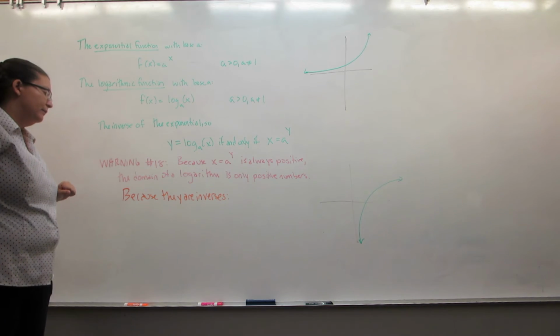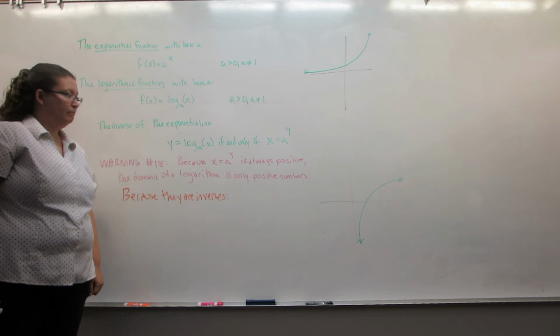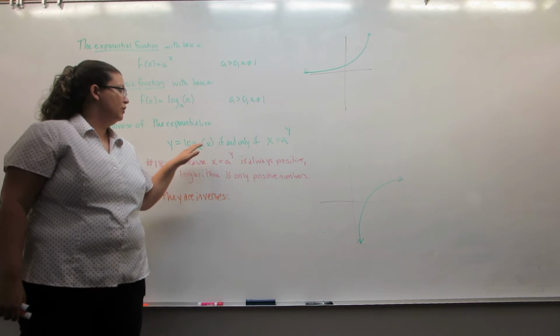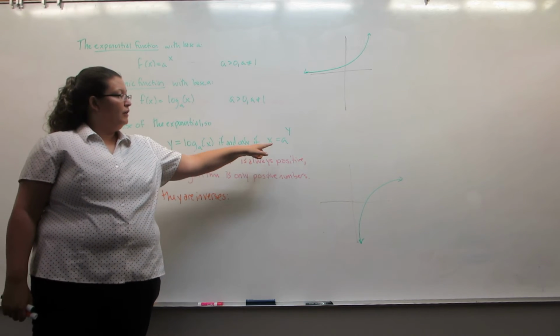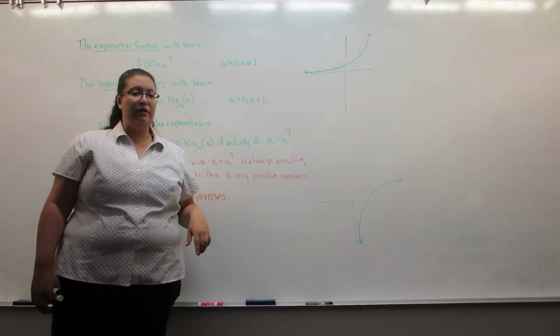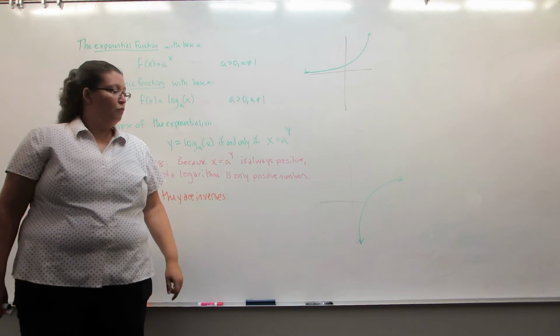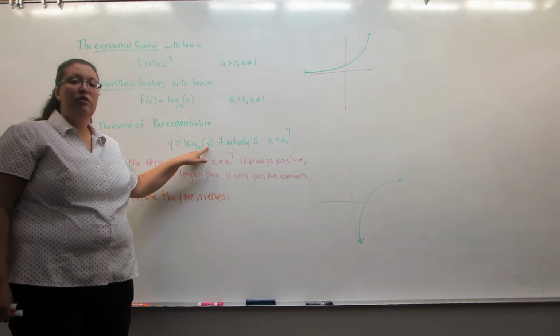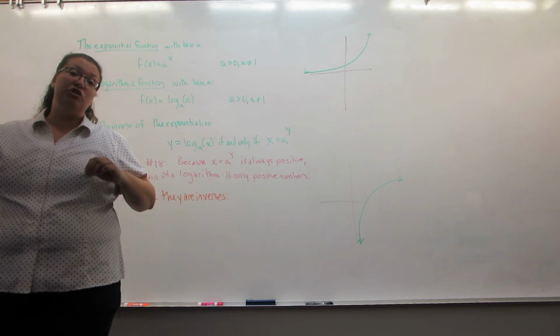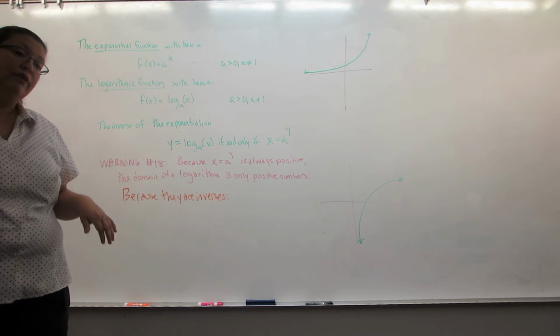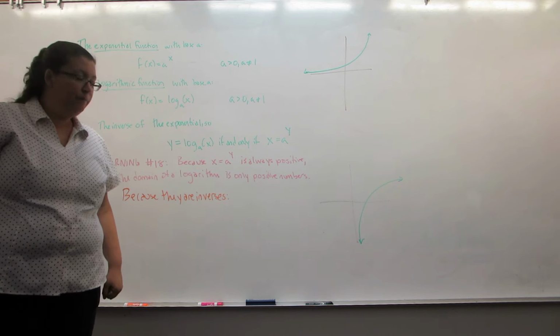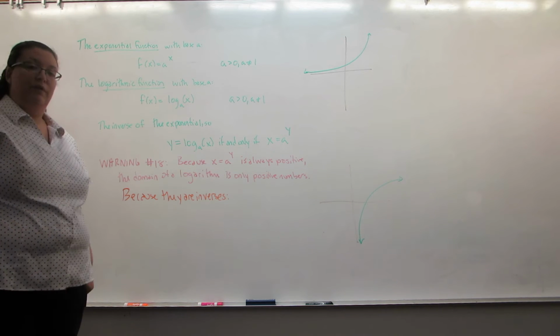Now, this comes with warning number 18. Because these two are completely tied together, if we look at this one, we notice that a to the y is always a positive number, which means that x here must always be a positive number. So the domain of a logarithm, or the only thing you're allowed to plug into a logarithm, is a positive number.